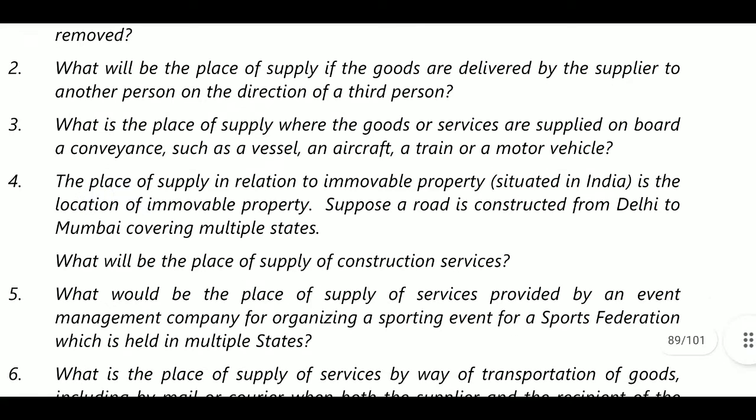Next, the third question: what is the place of supply where goods or services are supplied on board a conveyance, such as a vessel, aircraft, train or motor vehicle? Goods related supplies are dealt with under section 10, and services under section 12 or 13 in case of import or export.